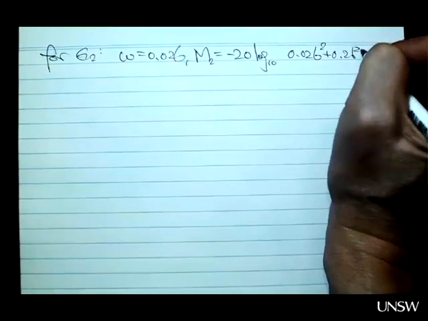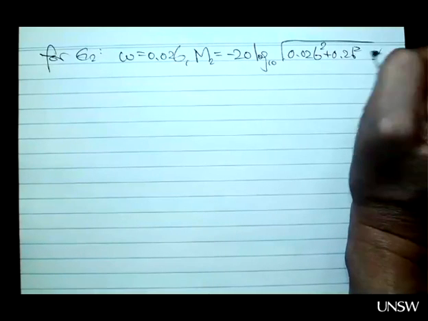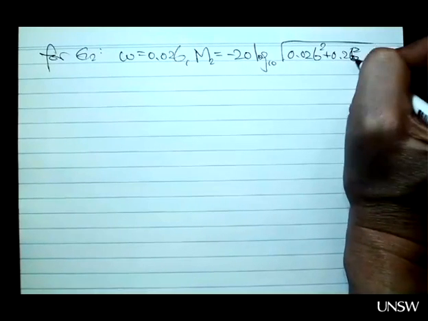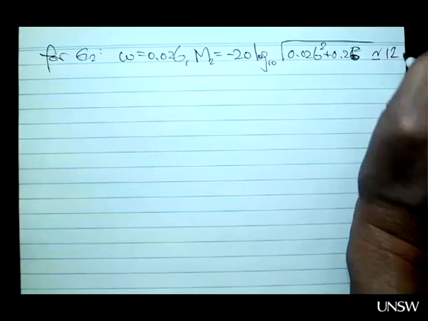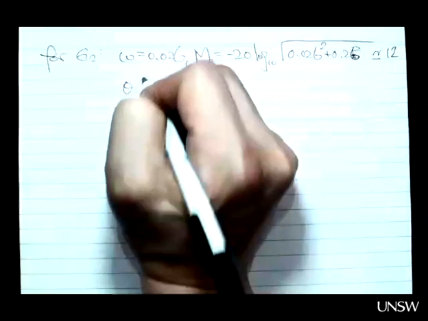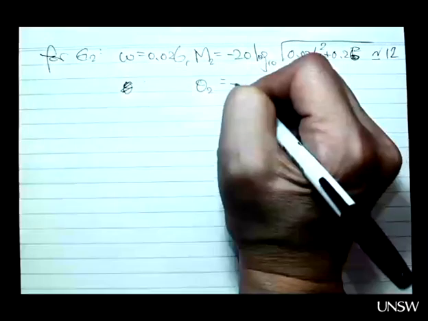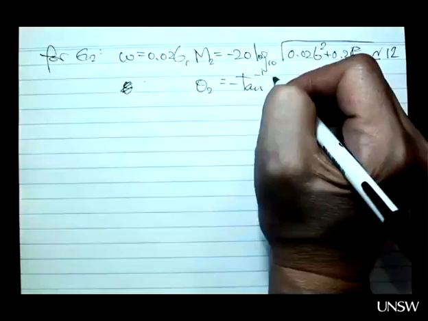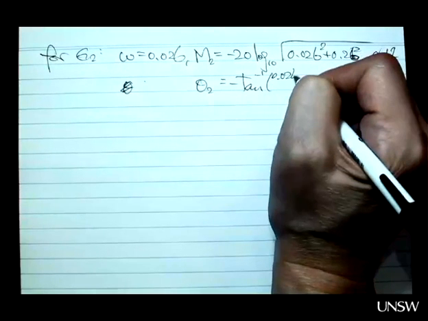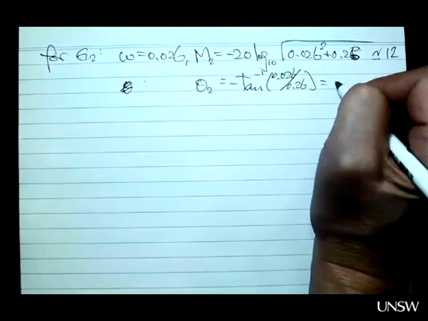So it is approximately 12. Okay, and then the angle equals minus 6 degrees, so we approximate it to 0 degree.